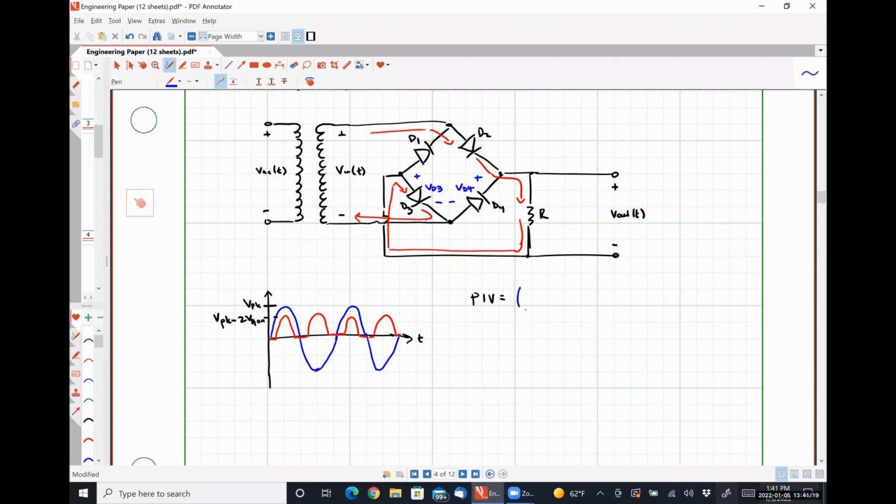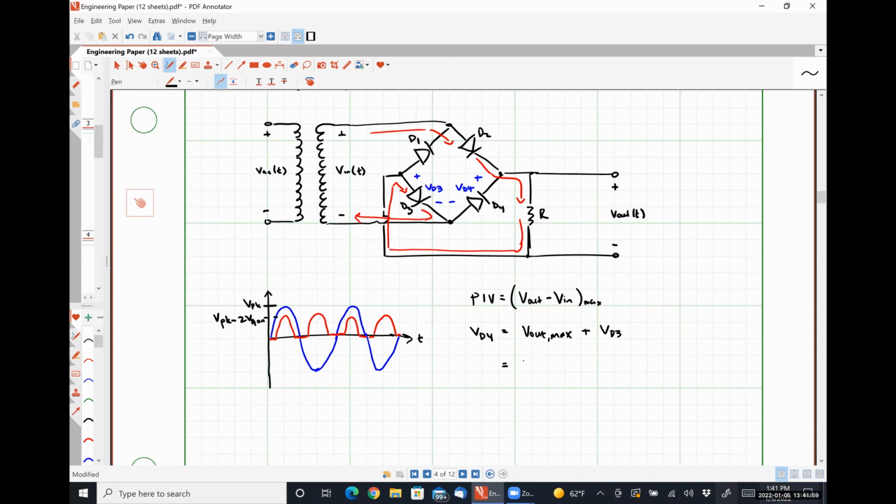So, sorry, let me erase this. So this is going to be V out minus V in max. So I'm saying VD4 is going to hit its maximum when V out is at its maximum. And then we're going to add to that VD3. Well, VD3 is just going to be VD on because diode 3 is turned on, right?